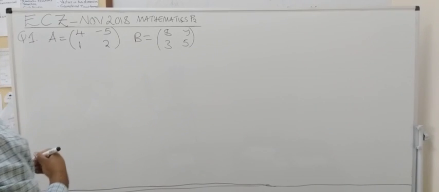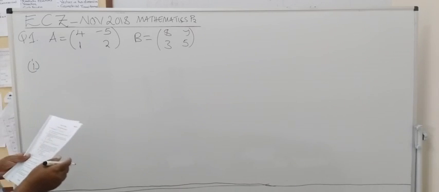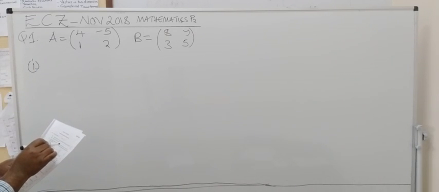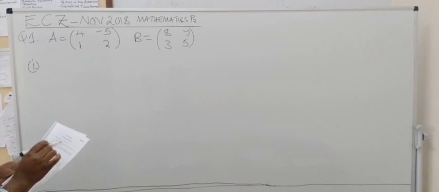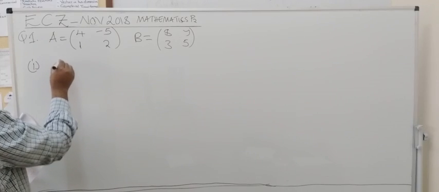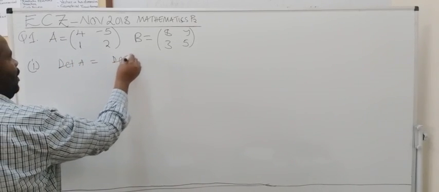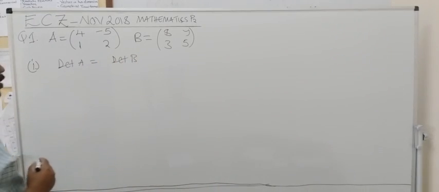Then Roman numeral 1, we are saying find the value of y for which the determinants of A and B are equal. Meaning that the determinant for A is equal to the determinant for B.